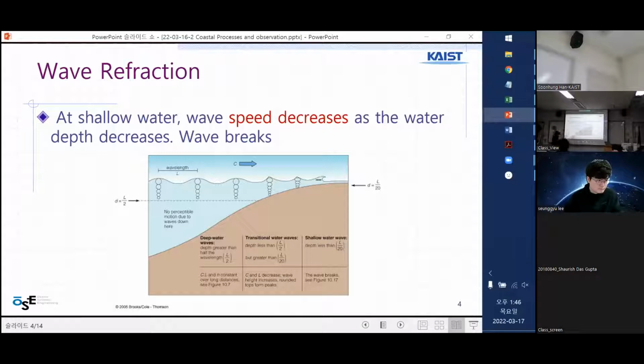And you can expect that with big waves like a tsunami, when you are in the deep water, you cannot see any tsunami wave. Because it is a very big wave, the length is also big. Height is also big.